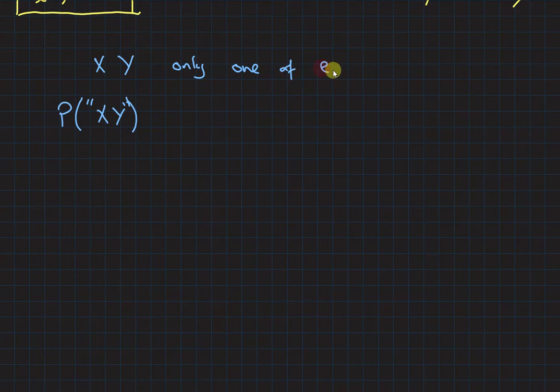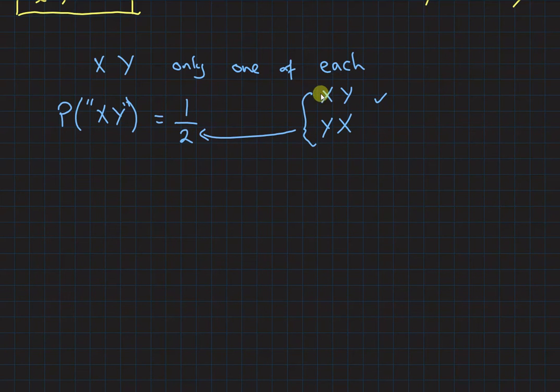So think about how many combinations there are of X and Y. Well, there's X, Y, Y, X. Which one am I interested in? I'm interested in the X, Y. So that gives me probability of 1 over 2. There are 2 possible outcomes, and I am interested in the XY outcome.